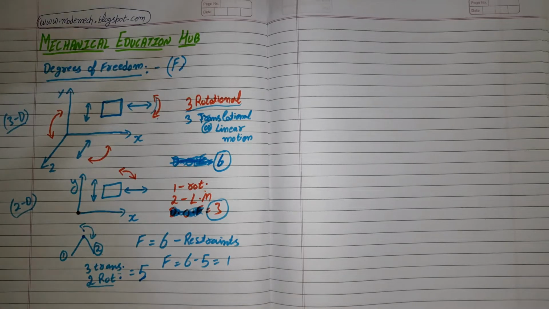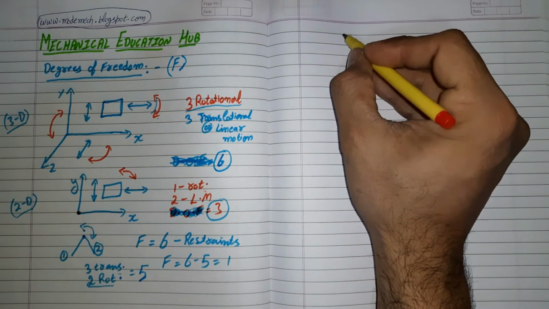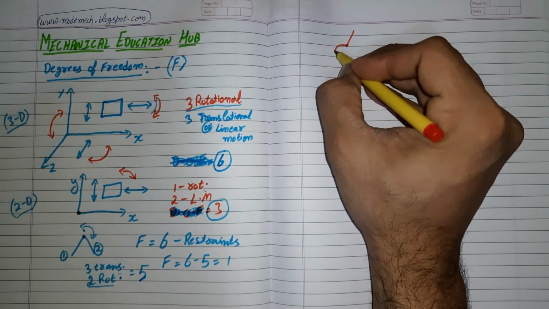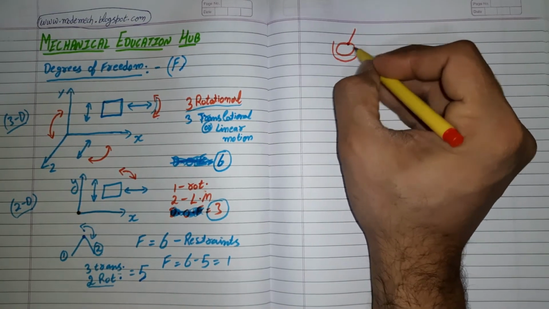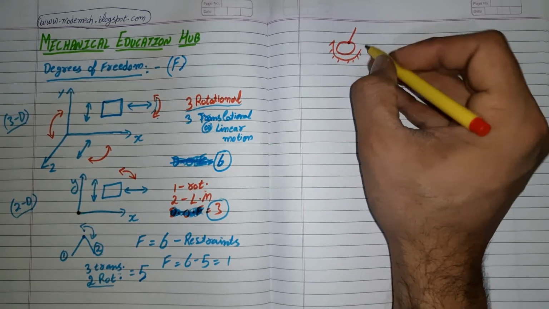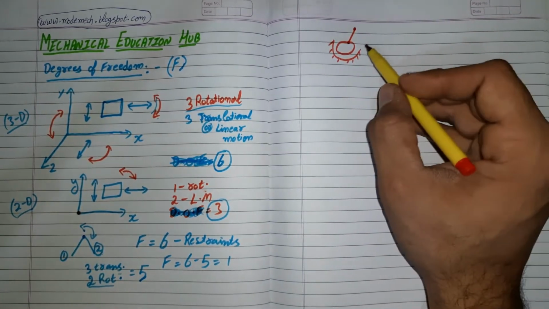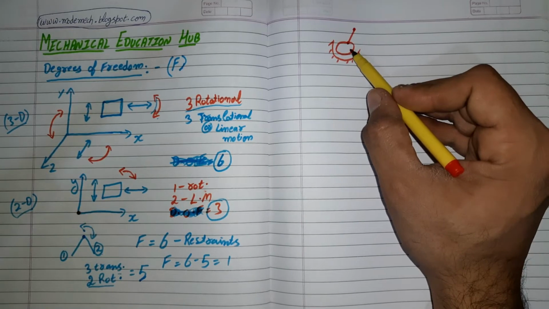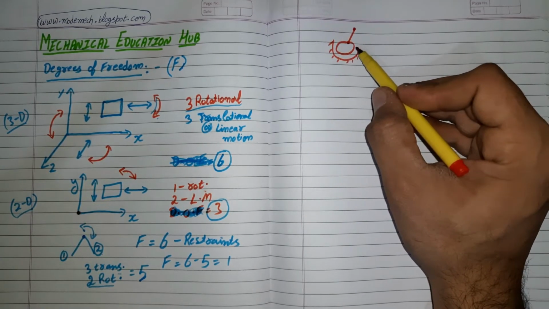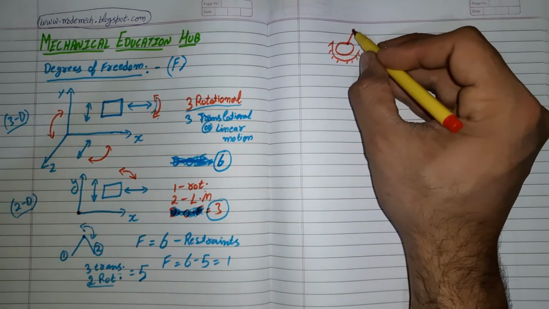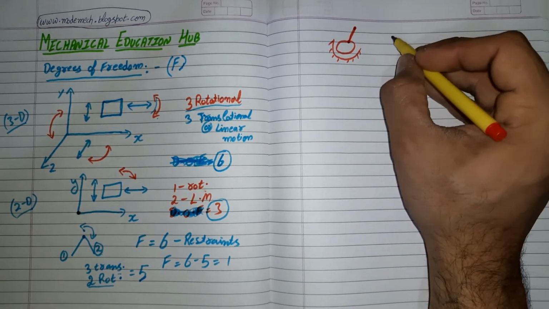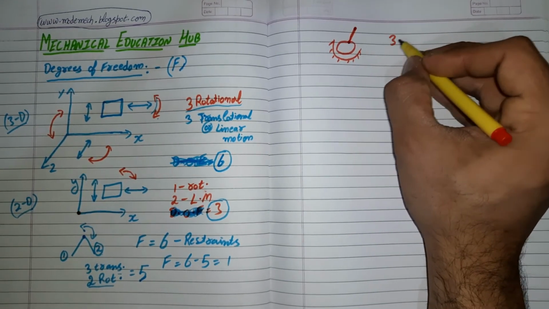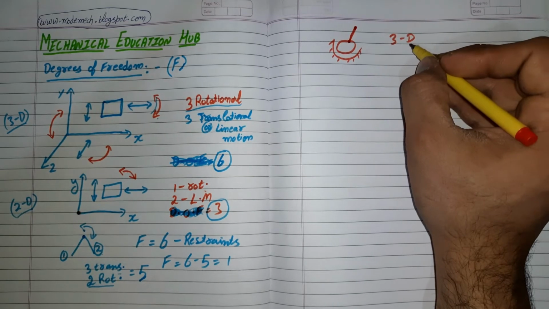Let us take one more example of that, the spherical joint we studied in my previous lectures. Here in this spherical joint, the only allowed motion for this joint, for this knob, is rotational motion, and it can rotate in 3 dimensions.